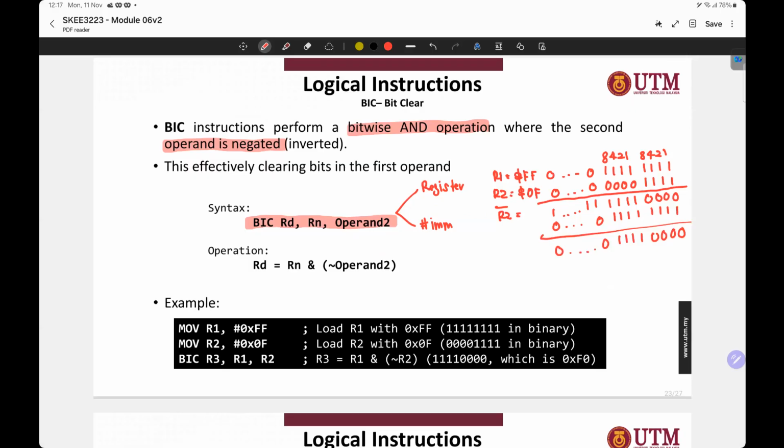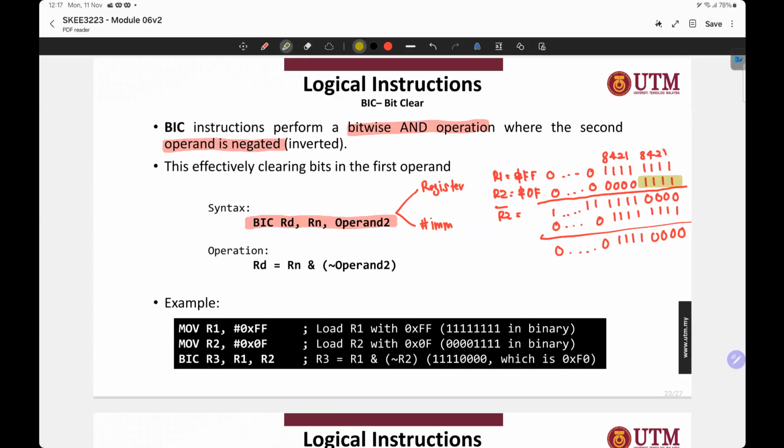By looking at this, you can conclude that if you are going to clear particular bits, you need to put 1 to those bits on the second operand.